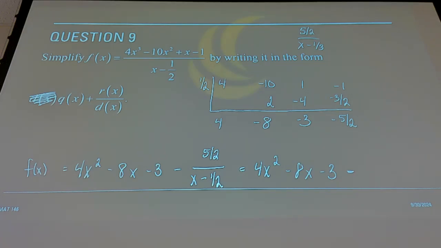You can't just put the 2 on the bottom. There would be a problem doing that. Because you're right, you can, but then you have 2x minus 2/3, which is still compound. So that wouldn't work. It would be like separating 5 over 2 times the reciprocal. Right, what's the reciprocal of x minus 1/3? 1 over x minus 1/3, which is the same thing. So it's the same thing.